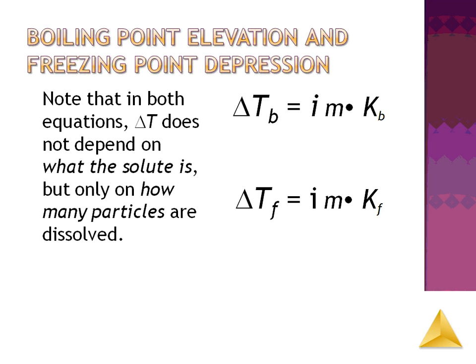Now, if it is something that is a molecular substance, a non-ionic substance, then the Van't Hoff factor is always going to be 1. AP uses the word non-electrolyte. Remember, an electrolyte is something that would break up and dissociate when it was dissolved. So if you see that word non-electrolyte, don't be scared of it. That's a comfort word. That means Van't Hoff factor is 1. You don't have to worry about it.